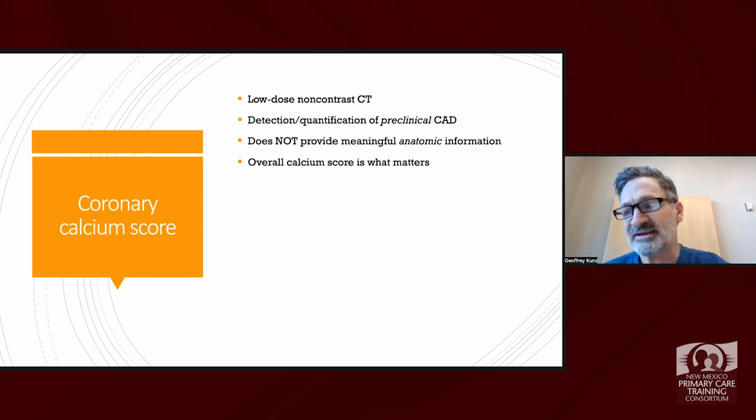So somebody with a high calcium score is like somebody who smokes or like somebody who has a very high cholesterol. And although you can get anatomic information from it, it does not provide any meaningful information about risk or what's actually going on in the vessel.